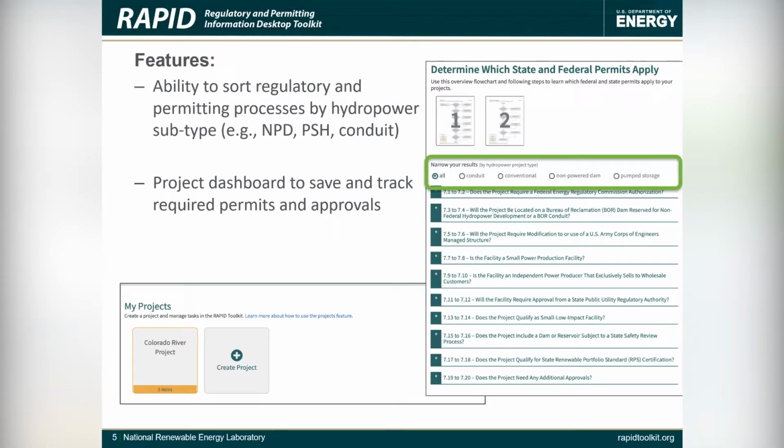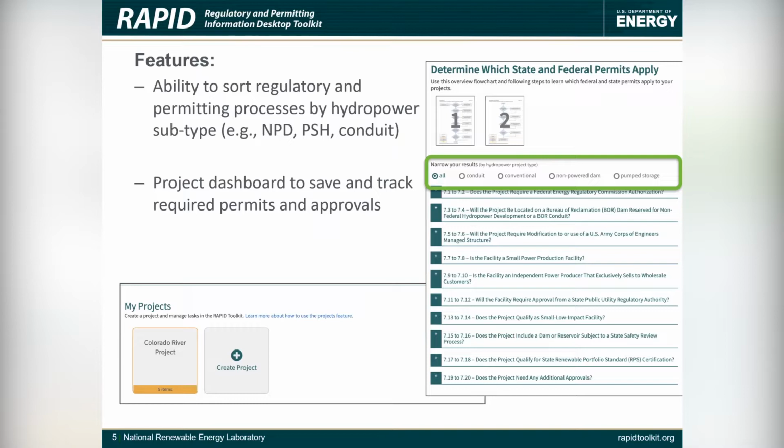I also wanted to just briefly go over a couple of the features that we've built into the Rapid Toolkit over the course of development of this project. One is you can see here in the upper right portion of the screen where it's highlighted in this green box, we do have functionality built in to focus specifically on conduit, conventional, non-powered dam or pump storage hydropower development.